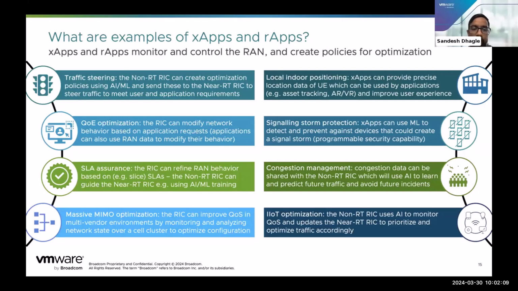load. Then there are massive MIMO optimization use cases, wherein various algorithms are run on the near real-time RIC that optimize how the massive MIMO allocation happens. There are indoor positioning use cases, which use a lot of other data sources to pinpoint the indoor locations of the UEs. This is a big monetization use case nowadays.